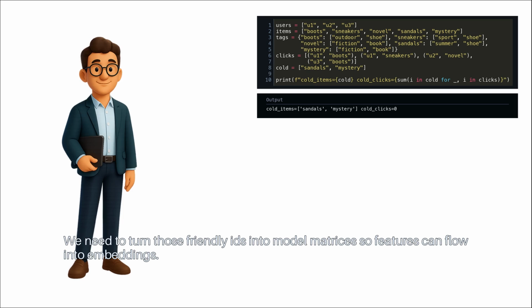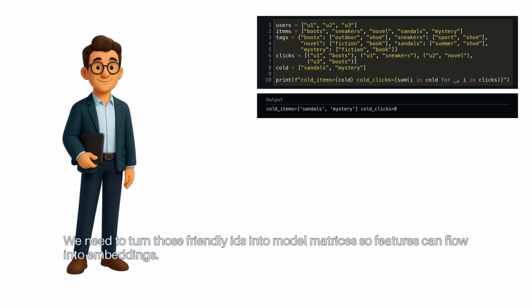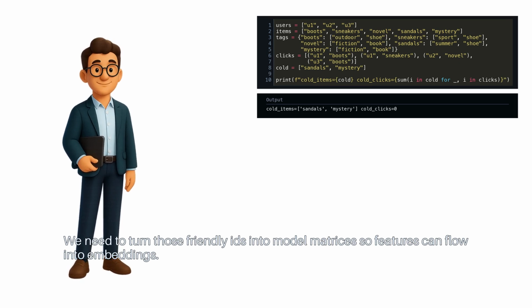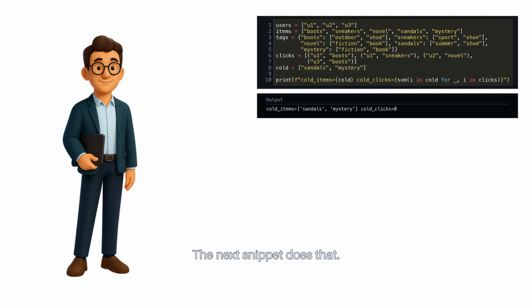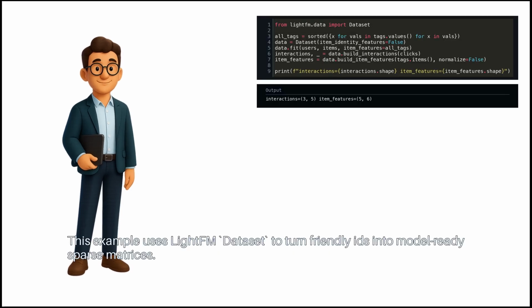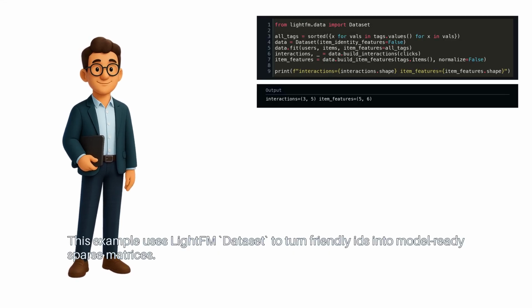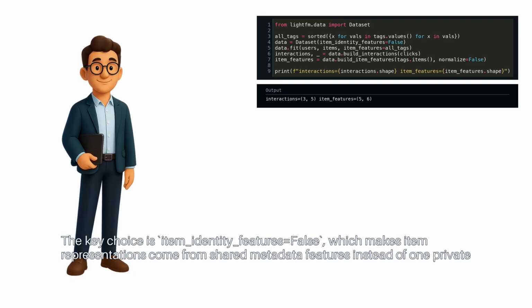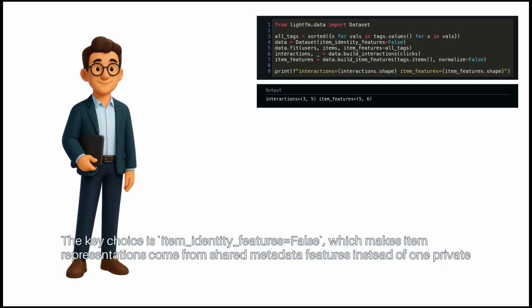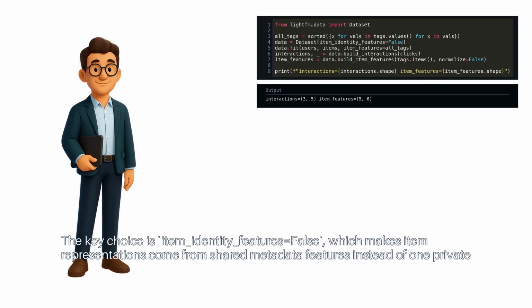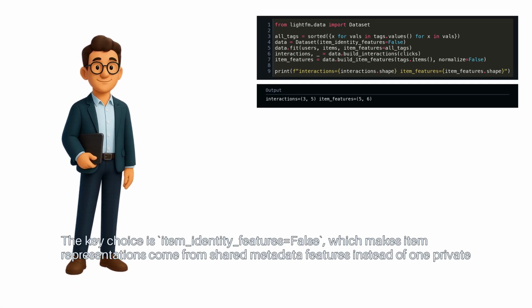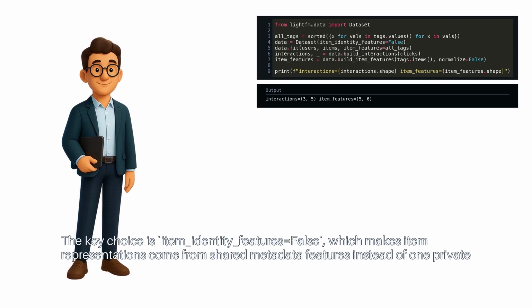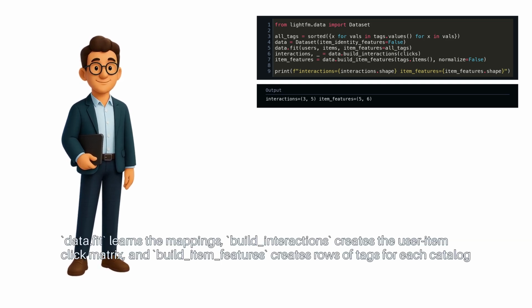We need to turn those friendly IDs into model matrices so features can flow into embeddings. The next snippet does that. This example uses LightFM Dataset to turn friendly IDs into model-ready sparse matrices. The key choice is item_identity_features equals False, which makes item representations come from shared metadata features instead of one private ID per item.